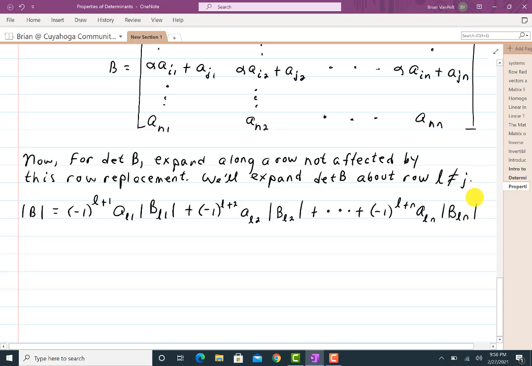So as you recall, that's our formula for the determinant of a matrix.